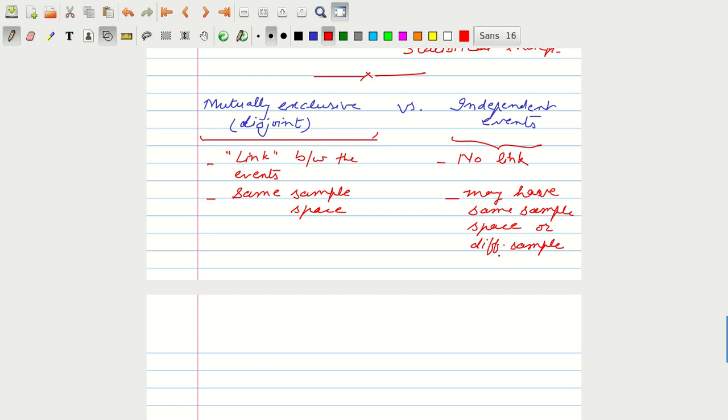For example, if we consider two different experiments, rolling a die and tossing a coin, and we talk about events of getting an even number on the die when the coin tossed shows up a heads. So there is no relation actually. So they are independent events.